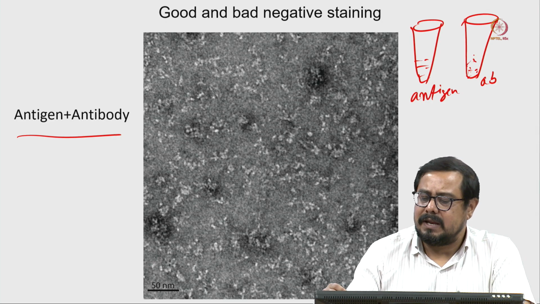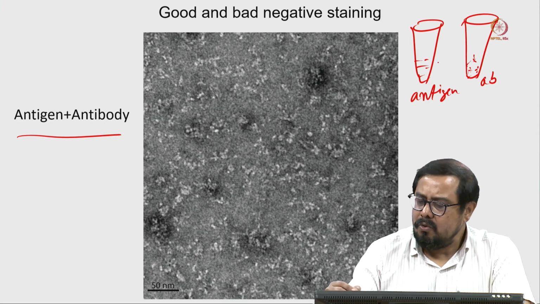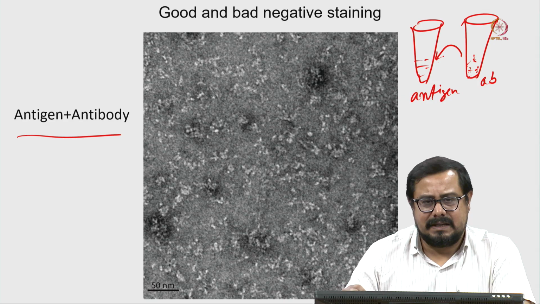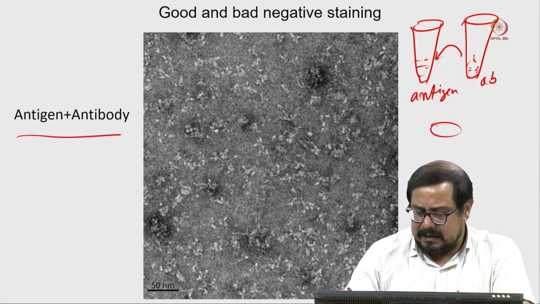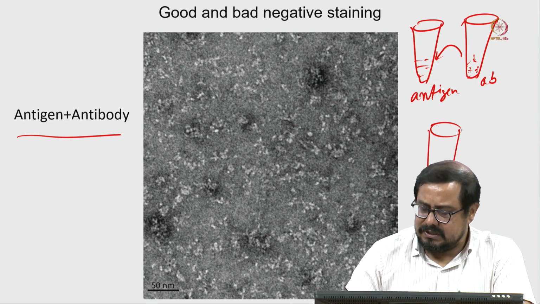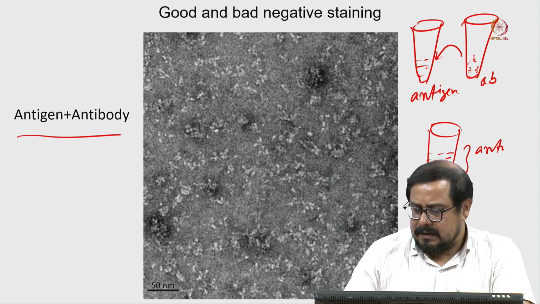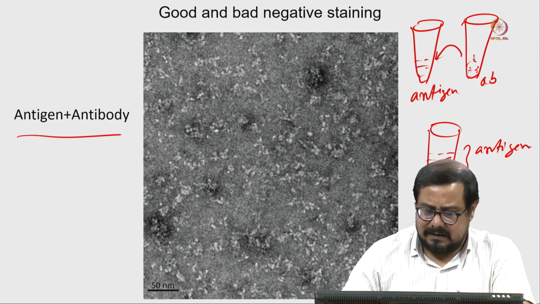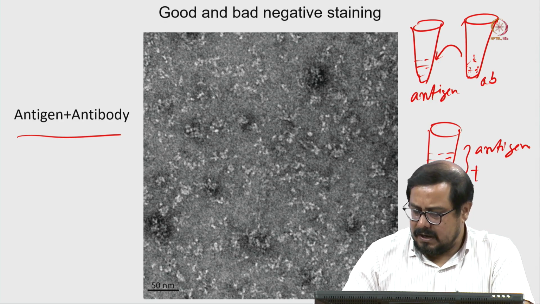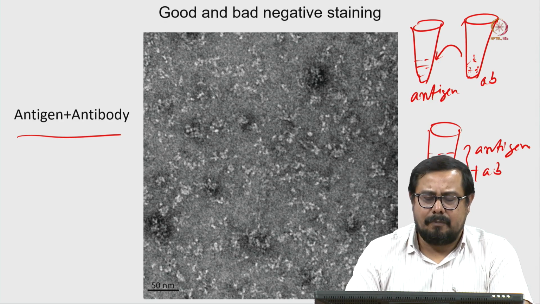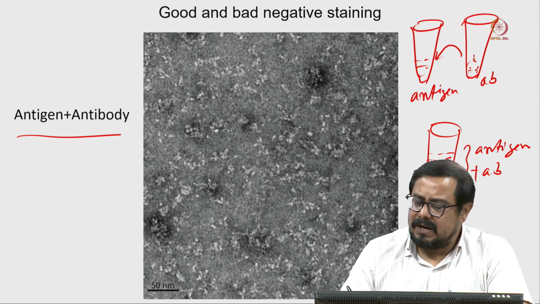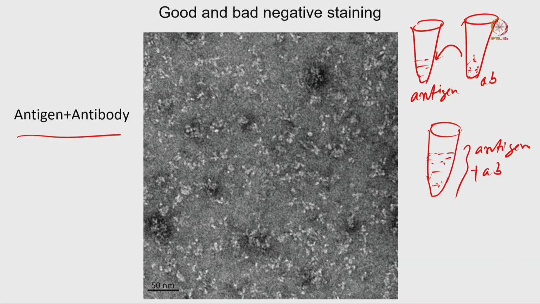You mix the antibody in here, and definitely your concentration will change, and your volume will change, and you will get a mix of antigen plus antibody complex. If there is a good affinity, you will get a good amount of complex.